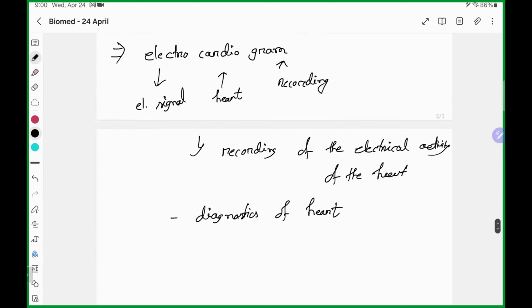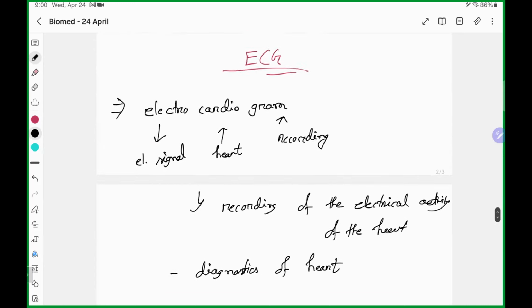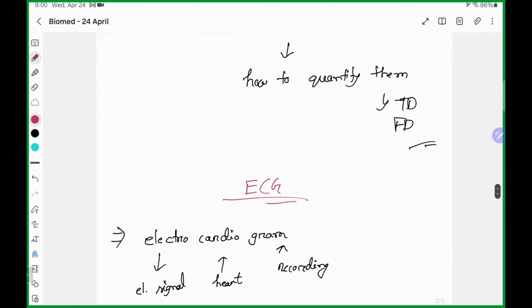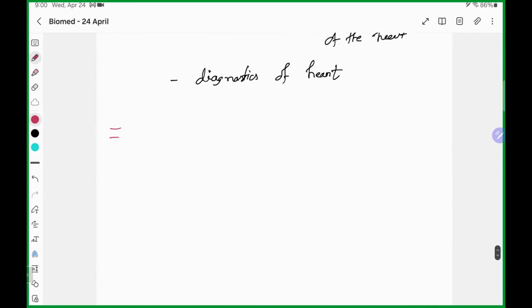Now, to understand how we measure ECG, we first have to understand the biological process. We need to understand how our heart functions. It is very important, otherwise you will not understand what the different ECG patterns and abnormalities are.